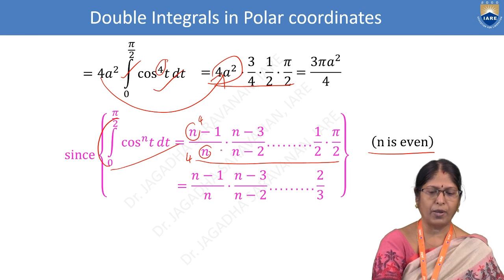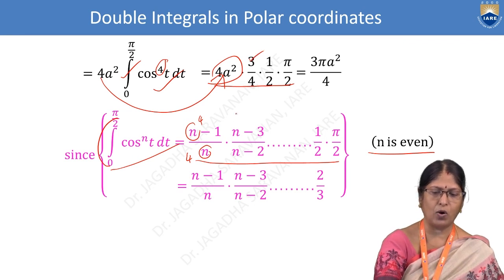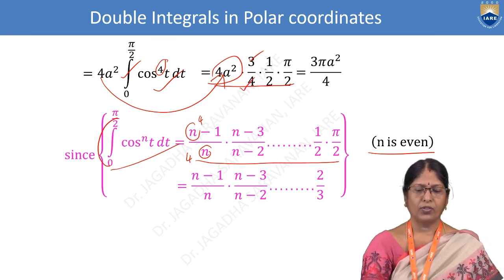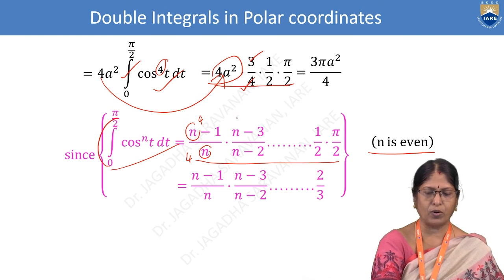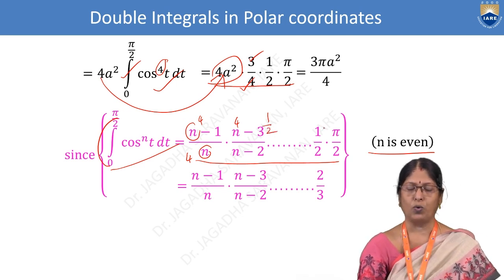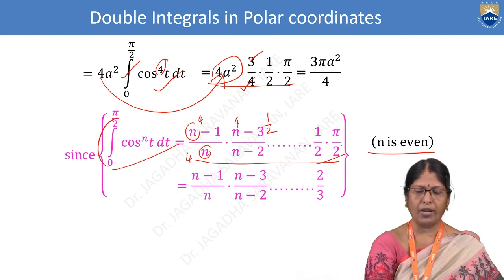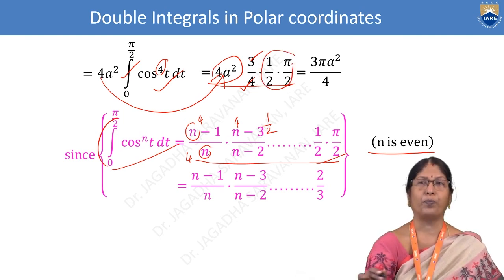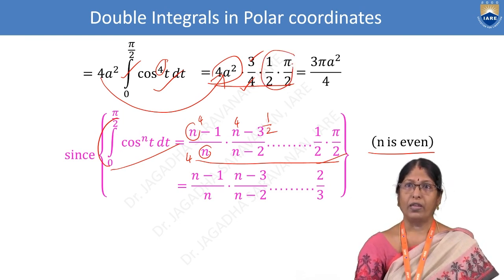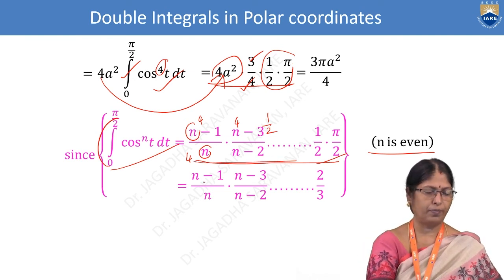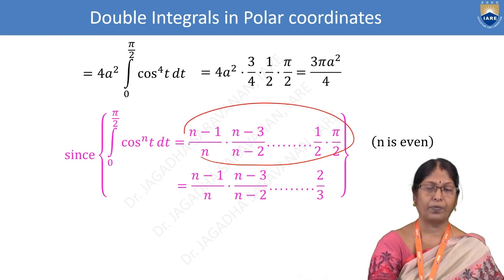So it is becoming 4 minus 1, 3; the down is 3 by 4. Next we are substituting 4 minus 3, 1, and here 4 minus 2, we are getting 2. So 1 by 2, the last term we can go, 1 by 2 into pi by 2. If it is even, then we can adopt this formula.